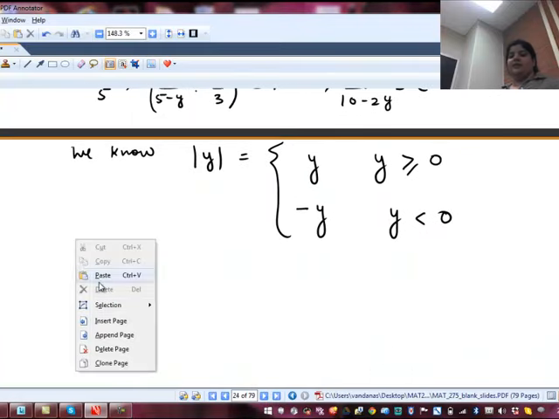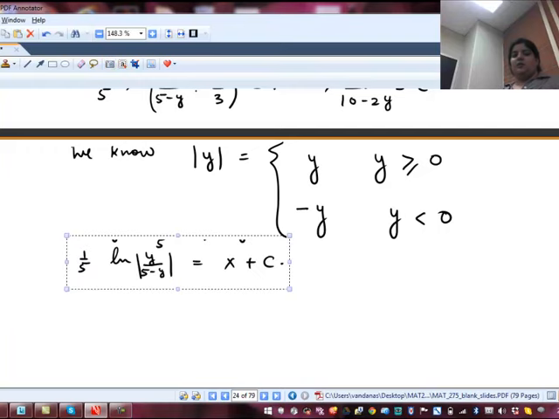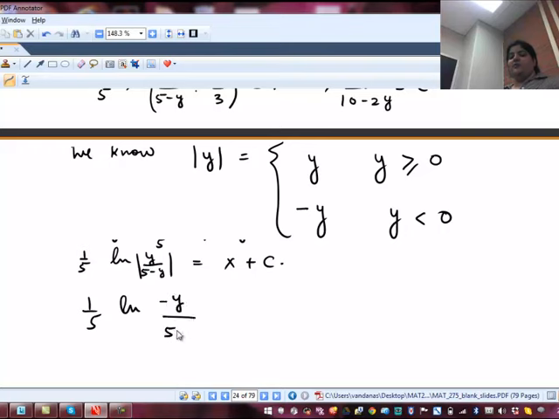So we will get here, in this scenario, 1 over 5, now this will become negative y, 5 minus y stays as it is, and x plus 1 over 5 ln of 2/3. Now we will keep this negative sign here, and then simplify by exponentiating and all that, to get y.